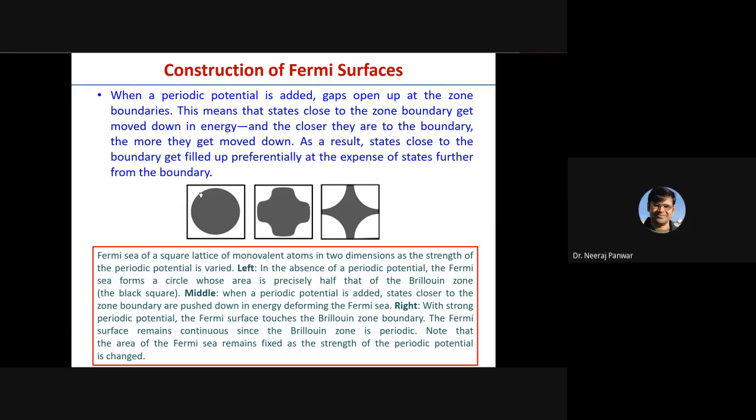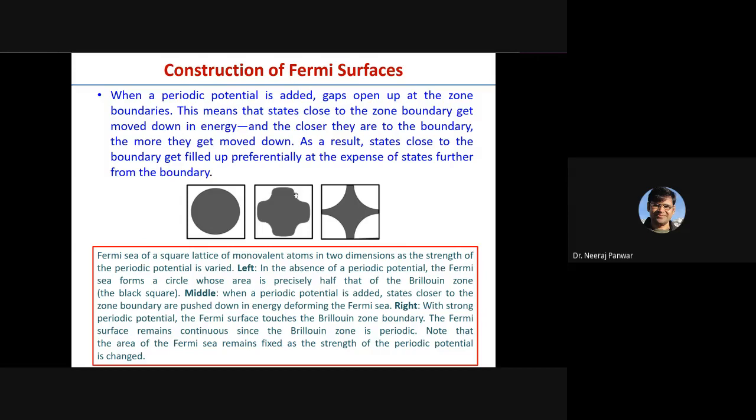So for example, this is the free electron Fermi surface that is lying inside the first Brillouin zone. When we turn on the periodic potential, these states are very close to the zone boundary in comparison to the states which are very far from the zone boundary. So these states would get distorted, meaning these states would be occupied more in comparison to those states.